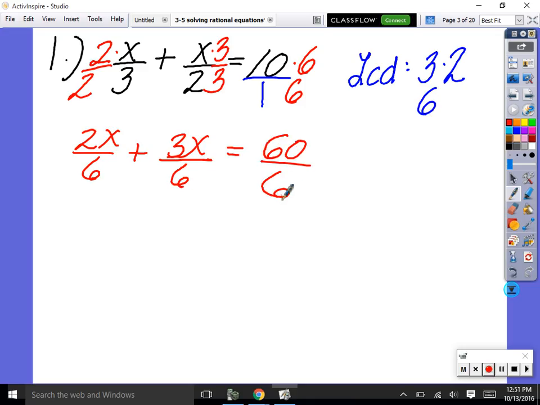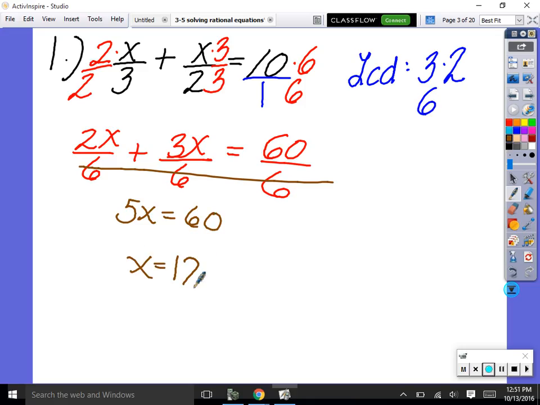Now, do you see how all the denominators are the same? So because all the denominators are the same, we can now solve this by just looking at the numerator, the top. So we are going to now just combine like terms and solve for x. So we have 5x is equal to 60. Divide by 5, correct? So x is equal to 12.